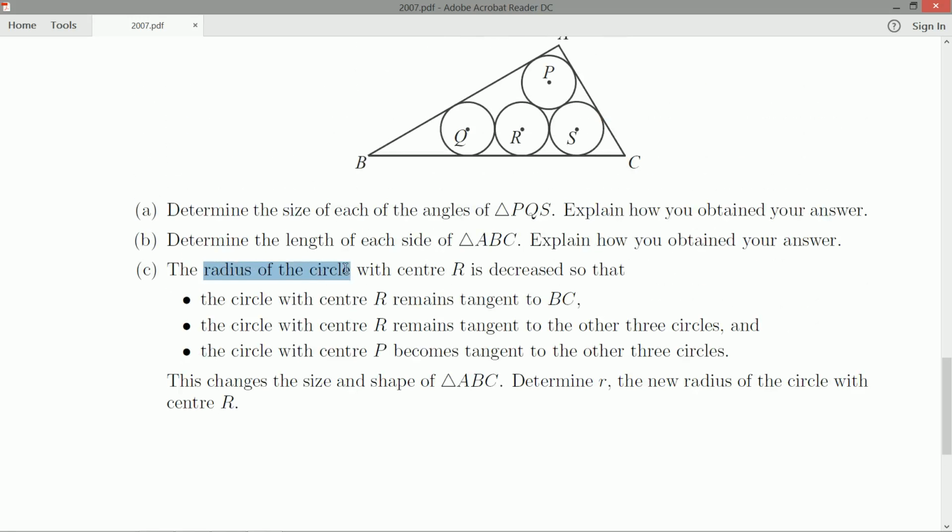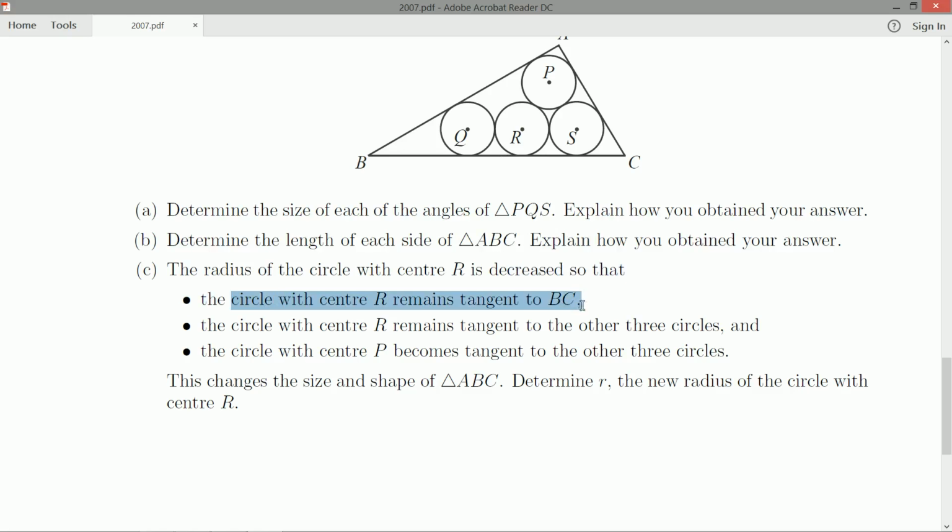The radius of the circle with center R is decreased so that the circle with center R remains tangent to BC. Okay. So we sort of shrink it down here. So the center R obviously doesn't stay where it is. The R moves with the circle.